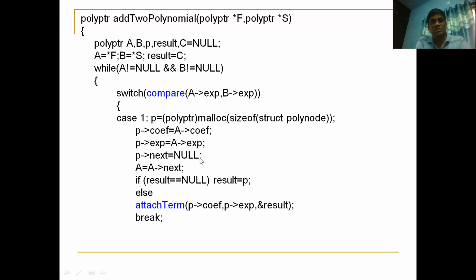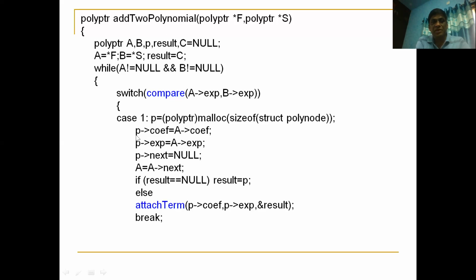So once this new node is created, simply move the pointer A to the next node because that node is added to the result node. A is equal to A next, and then you need to add this P properly into the result node. So if result is equal to null, that means no term is added into the result node.